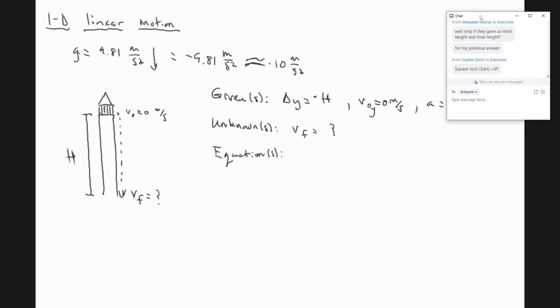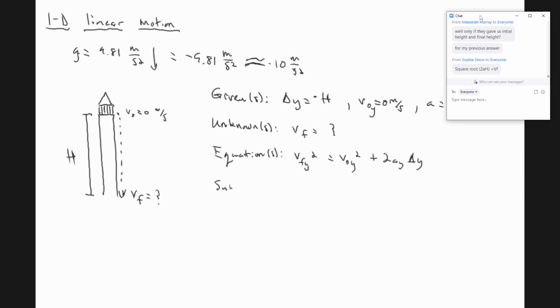So which equation should we use? Seems like most of you got the right equation. Final velocity in the y direction squared is equal to initial velocity in the y direction squared plus 2 times acceleration in the y times the change in y, right? The fourth kinematic equation.